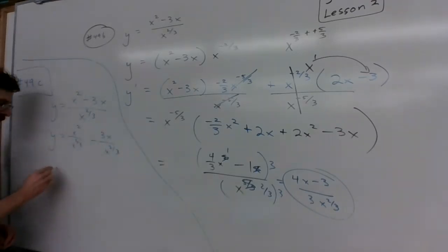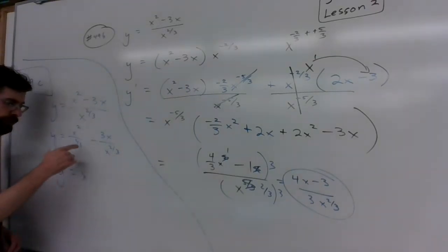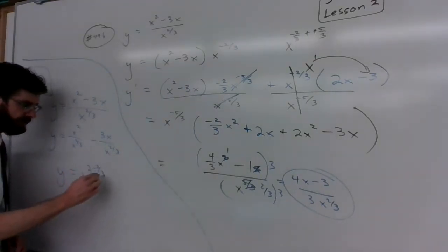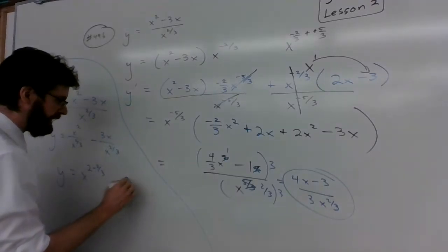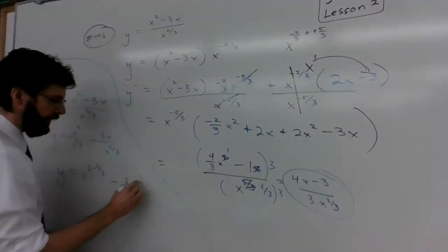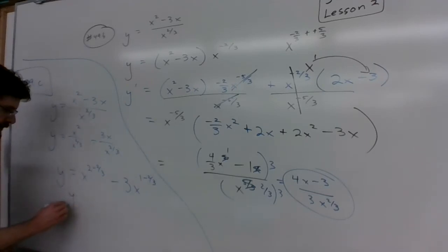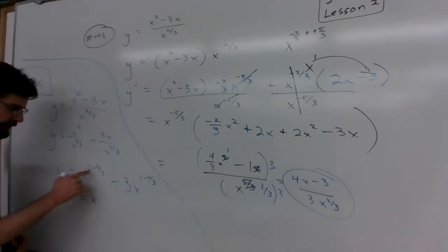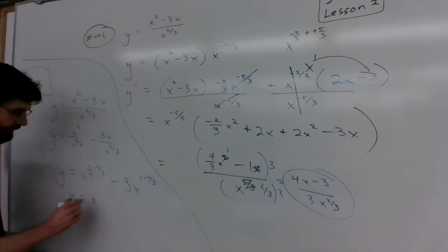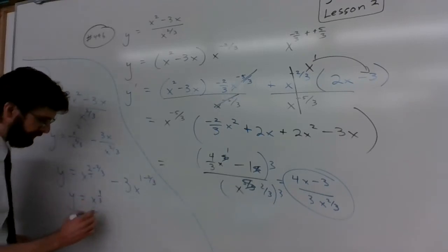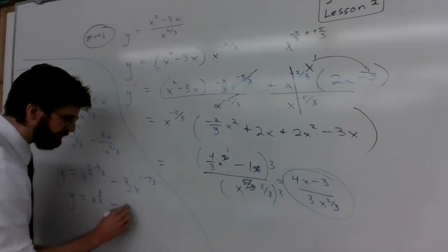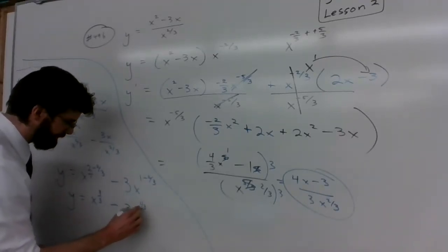Oh wow, this creates x to the 2 minus 2/3. And this creates minus 3x to the 1 minus 2/3. All right, so y equals x to the 4/3 power, minus 3x to the 1/3.